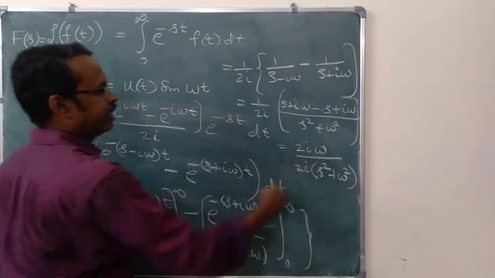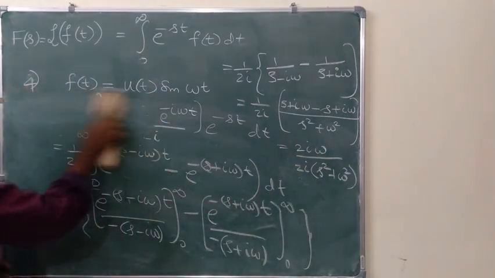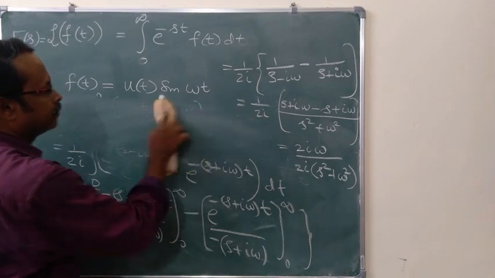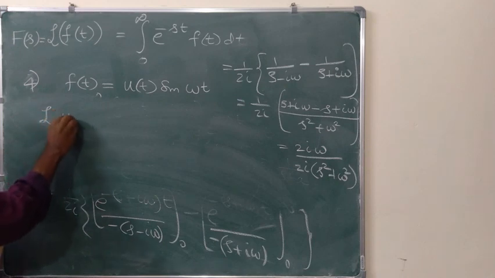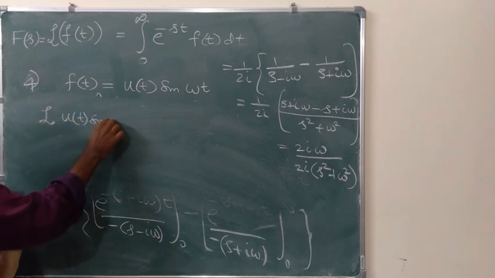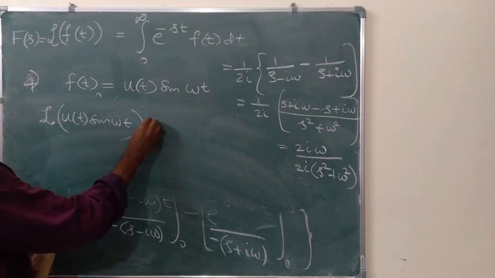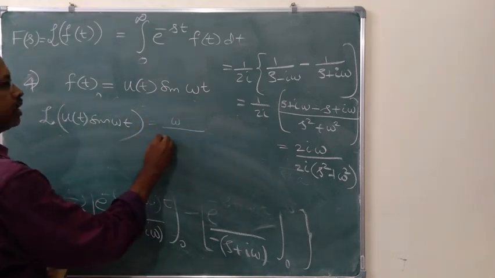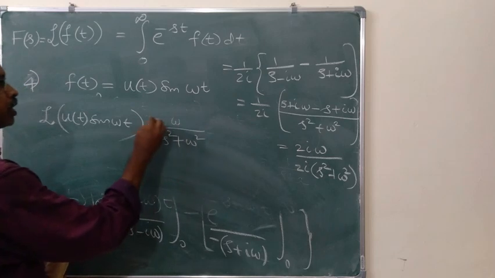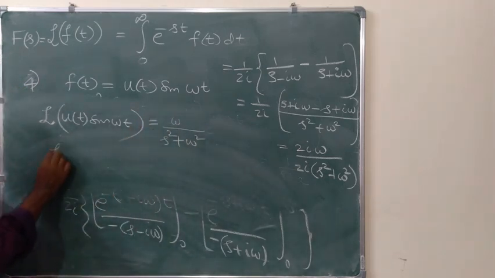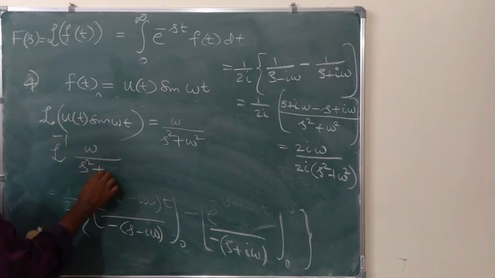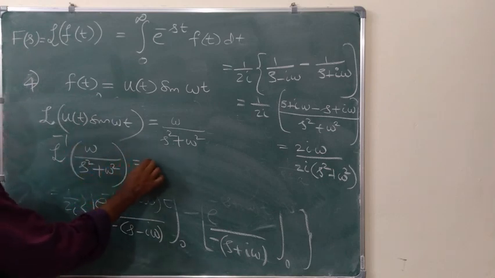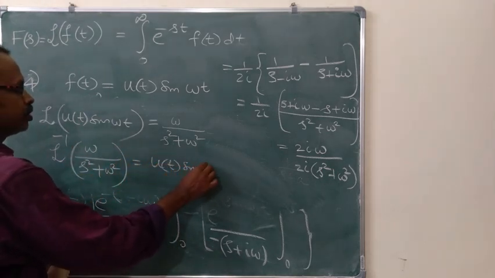So 2i gets cancelled and we have the Laplace transform of u(t) sin omega t equal to omega divided by s square plus omega square, and hence the inverse Laplace transform of omega by s square plus omega square equals u(t) sin omega t.